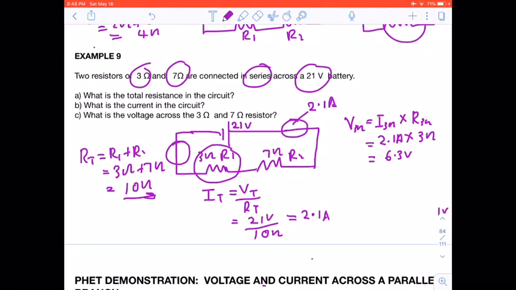So if we put a voltmeter there, it's going to read 6.3 volts. Now we want to know how much it is for the 7 ohms. We know that 6.3 plus whatever drops across the 7 ohms must give us 21 volts. So it's equal to I of the 7 ohms times R across the 7 ohm resistor.